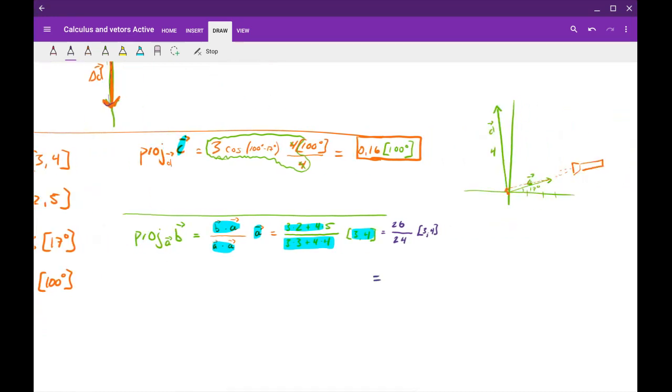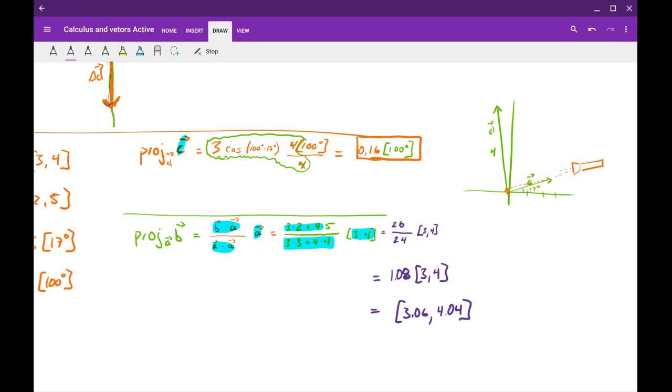And so, in a way, this is equal to, well, whatever 26 over 25 is. So it's like 1.02 or something times 3 comma 4, which is just going to be something like 3.06 comma 4.08. Right? It just depends on whatever 26 over 25 is here. Oh, I was wrong about that. It's 1.08 here. That's an 8.